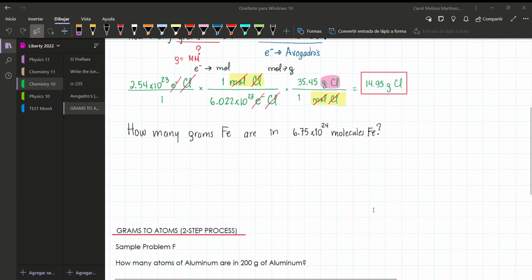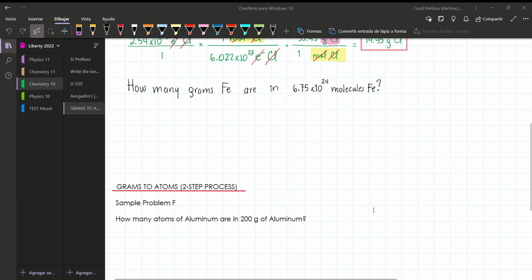Okay, let's work with this one. How many grams of iron are in 6.75 times 10 to the 24 molecules of iron?